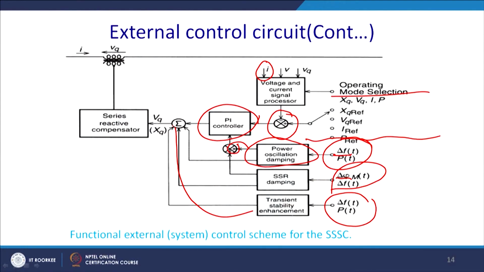Then you have to enhance the transient stability. If a transient is present, you need to increase the power handling capability of the line, and for this reason these blocks add up directly with the summer. There is no input to the PI controller. So it will increase the overall power handling capability of the line, or change it if the power demand is sinking.